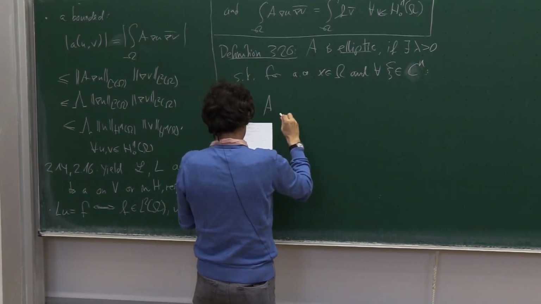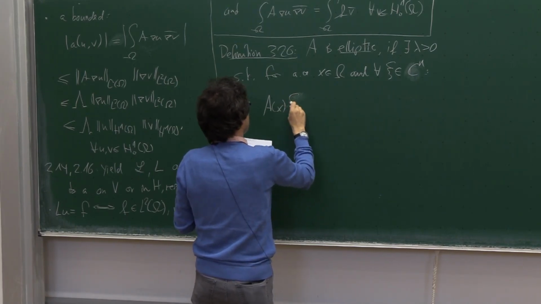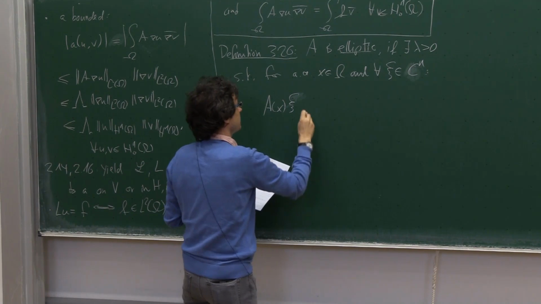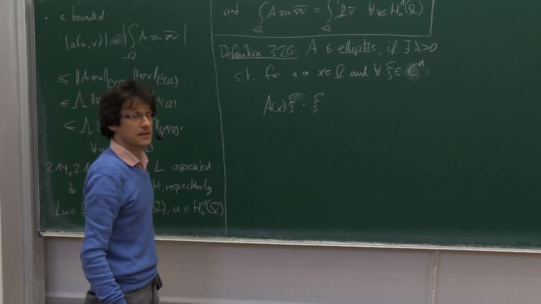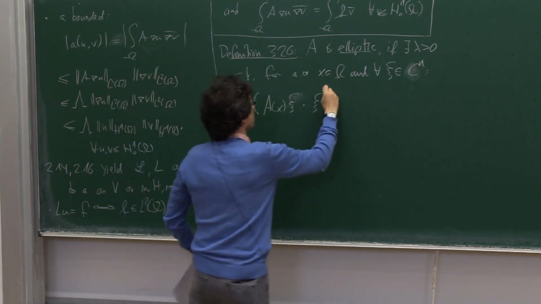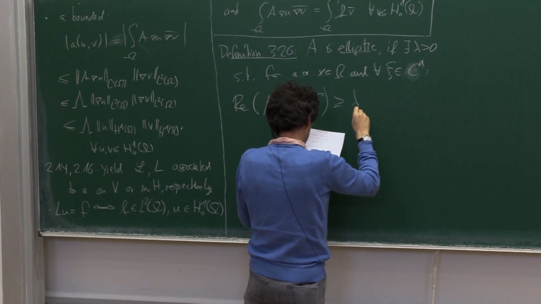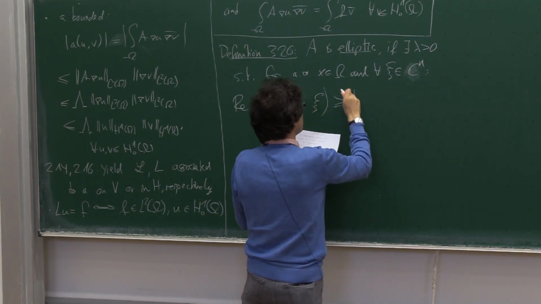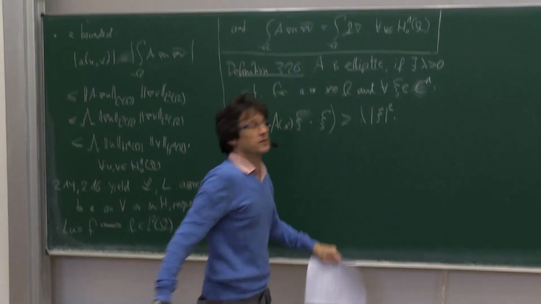If you look at A(x), which is a matrix, multiplied with a vector psi, this can be multiplied again with psi. This is now a complex number. If you look at the real part of this complex number, we want that to be positive and bounded uniformly in x from below by lambda times the modulus of psi squared.